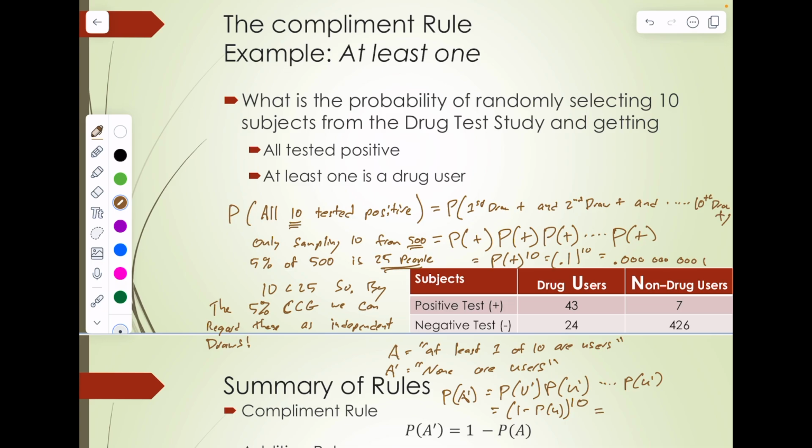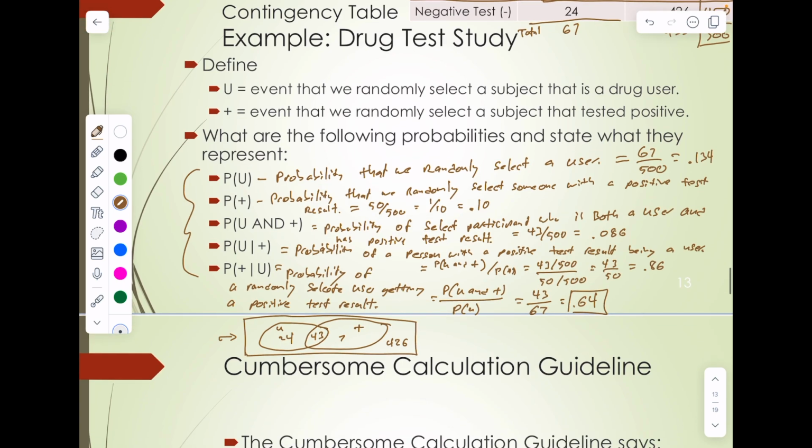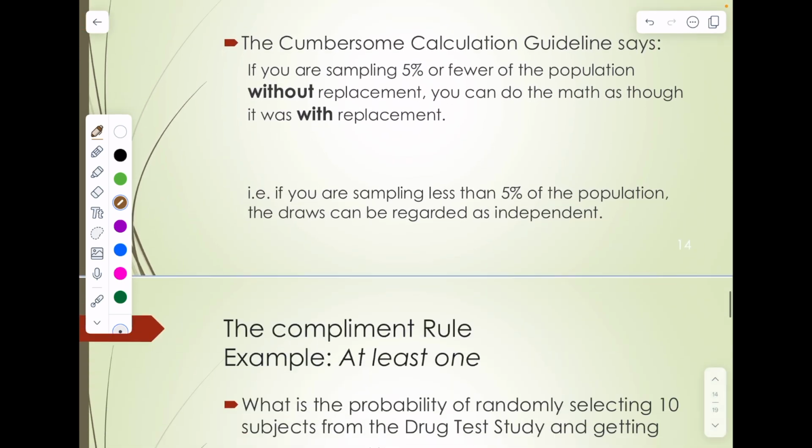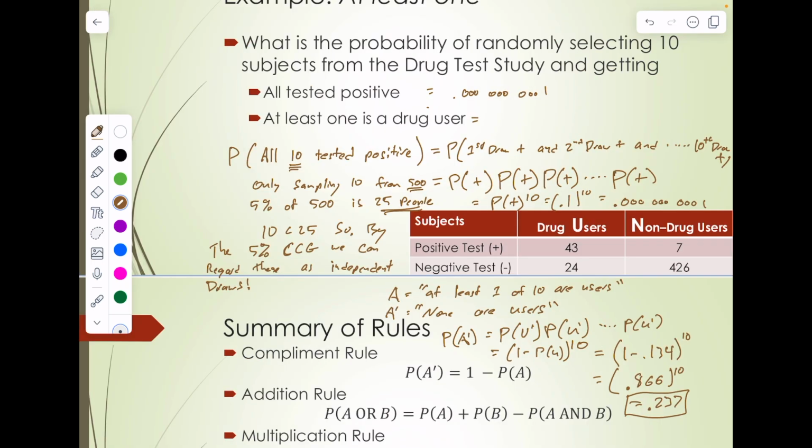And so that's going to equal, what's the probability of U? The probability of U is 0.134. 1 minus 0.134 to the 10th. That's the same thing as 0.866 to the 10th, which equals 0.237. So that's the probability of P of A prime, right?